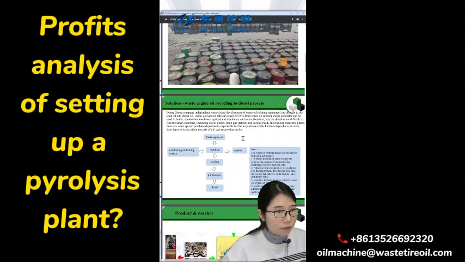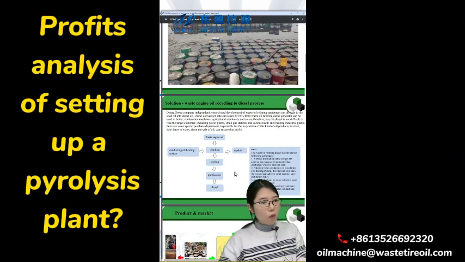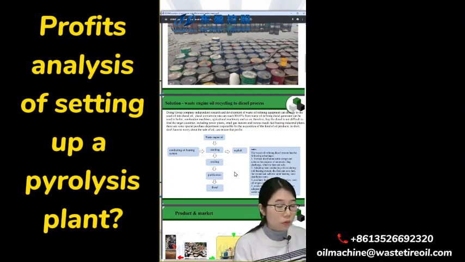The processing flow is, firstly, we pump the waste oil or pyrolysis oil into the reactor. Then we heat the reactor for distillating, and you will get oil gas. The oil gas is cooled down into liquid oil and then stored in the oil tanks.